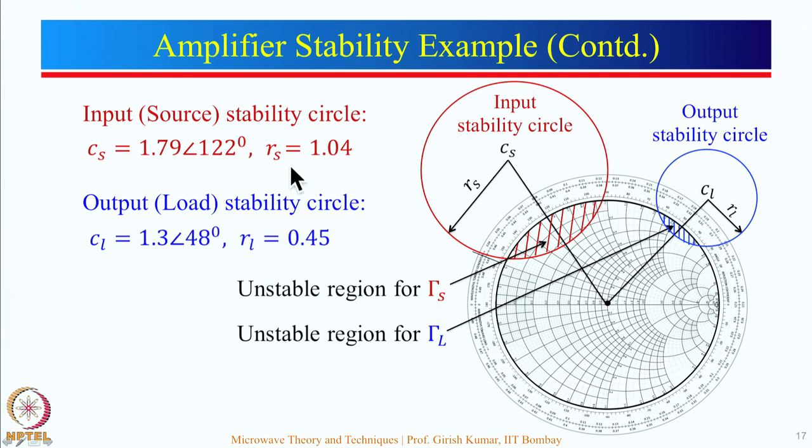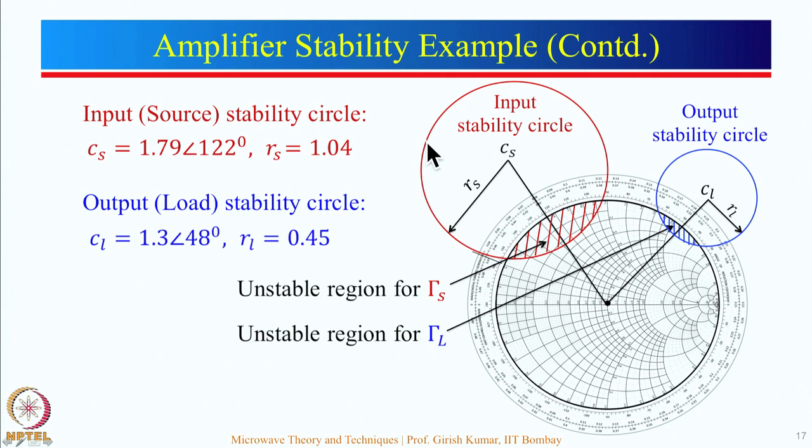Now, you can see Rs is equal to 1.04. So, since we have assumed this to be 10 centimeter, this will be equal to now 10.4 centimeter. So, with the radius of 10.4, you draw this particular circle. On paper, you may not be able to draw the circle as it is going out of the Smith chart. What you can actually do is just calculate the difference of this number here.